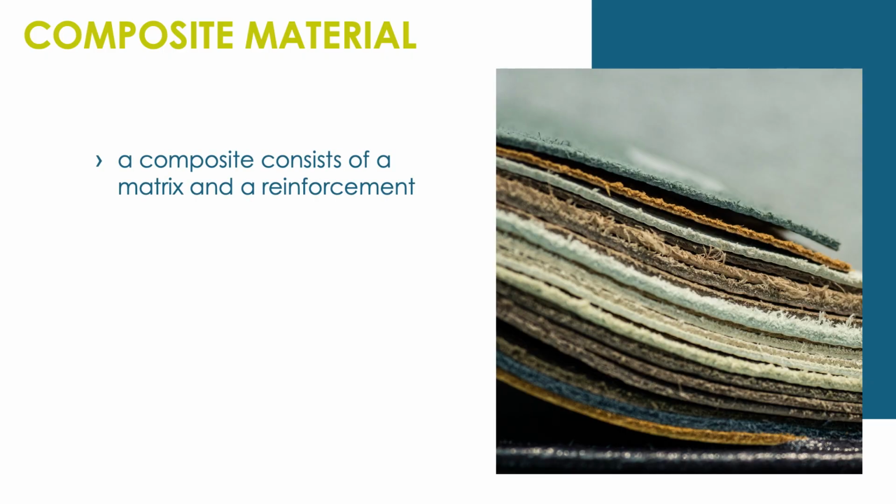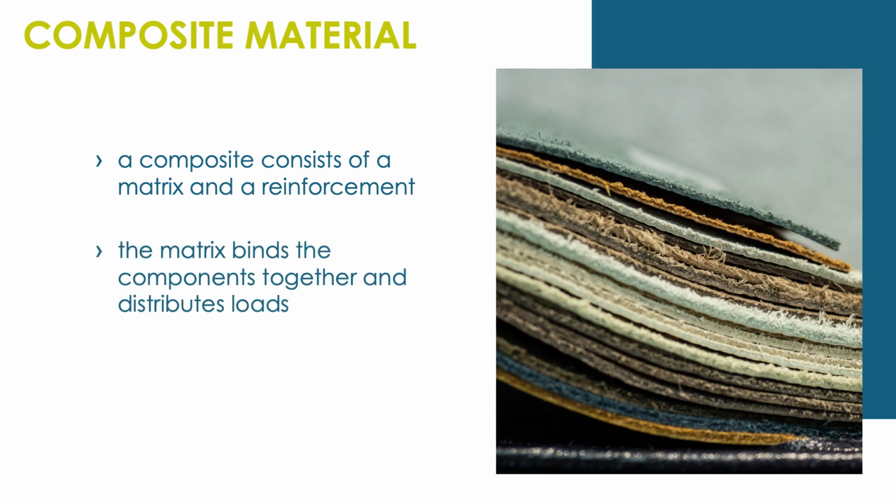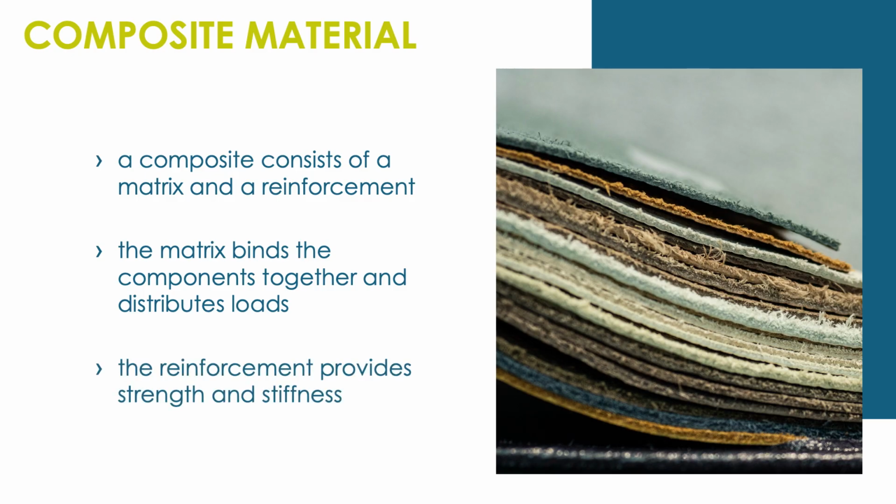More specifically, a composite typically consists of a matrix, the continuous phase, and a reinforcement, the dispersed phase. The matrix binds the components together and distributes loads. The reinforcement, often fibers like carbon, glass, or aramid, provides strength and stiffness.